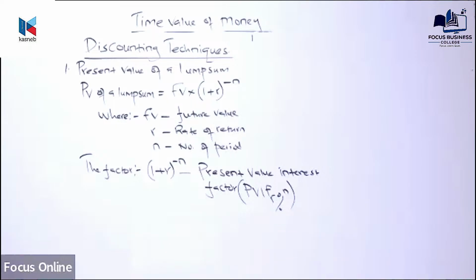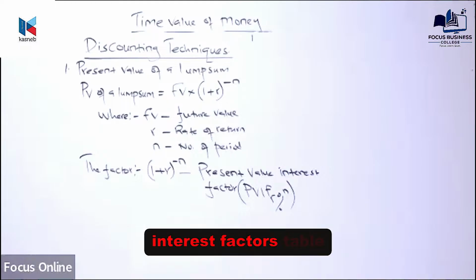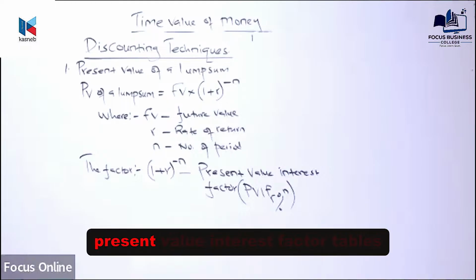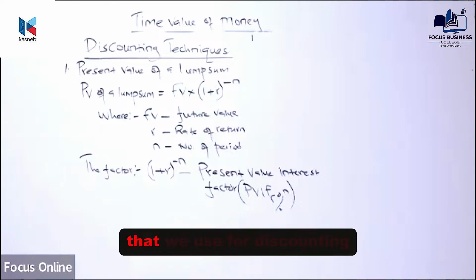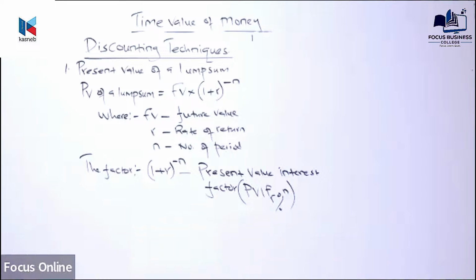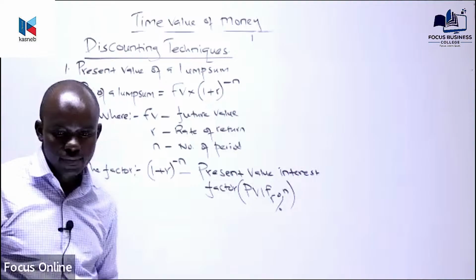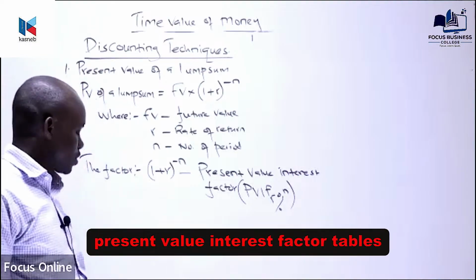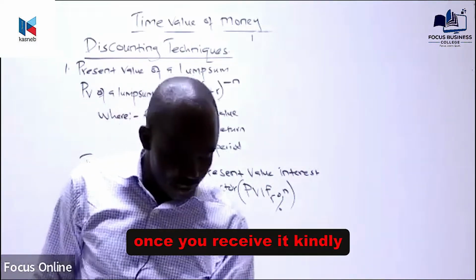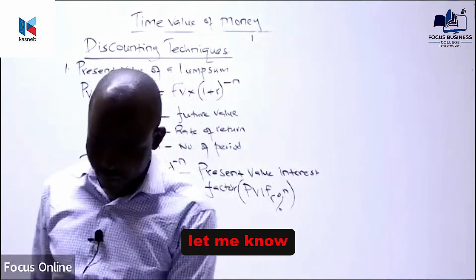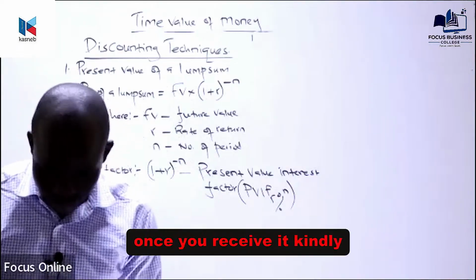I'm sharing the present value interest factor tables that we use for discounting. Once you receive it, kindly let me know.